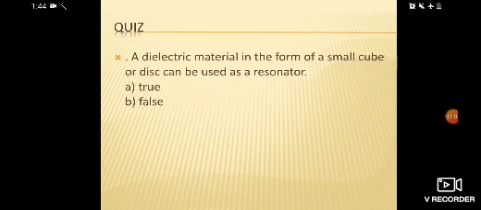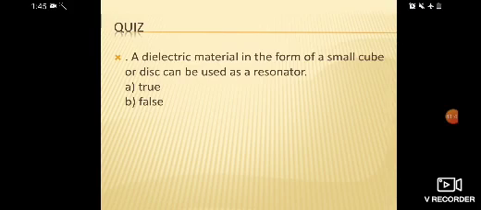The next one. A dielectric material in the form of a small cube or disc can be used as a resonator. A dielectric material is what we place between the two electrodes when forming a capacitor. Like that, a dielectric material in the form of a small cube or a disc can be used as a resonator. Is it true or false?